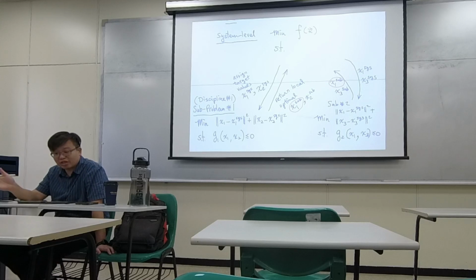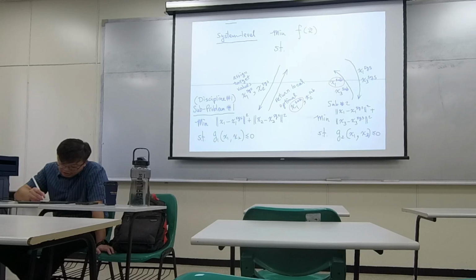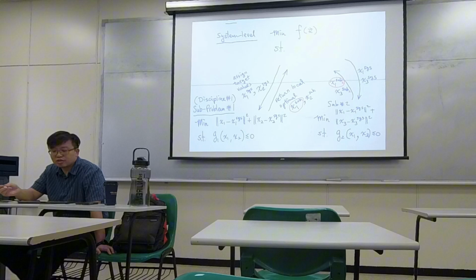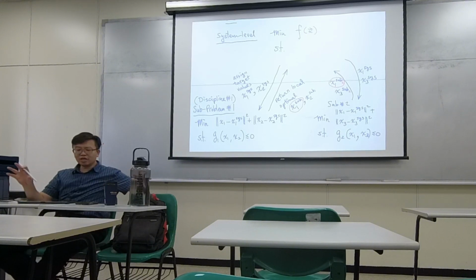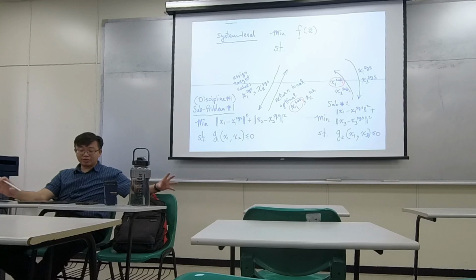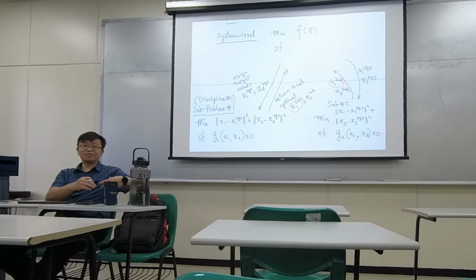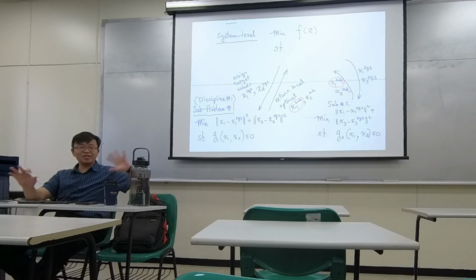So they could be different values. So I can call this sub 1, and I call this sub 2. The issue is when you are handling the local optimization problems separately in each discipline, they may not coordinate well. They don't know what's going on in the other system.